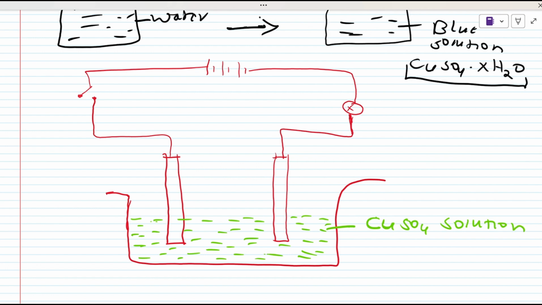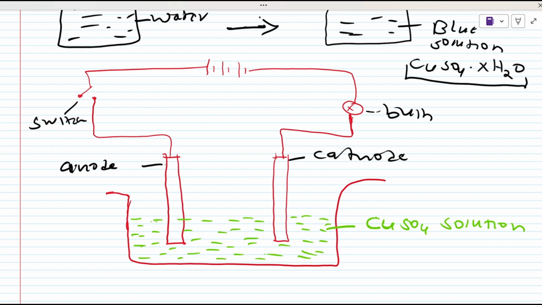Now, the next analysis that I'm still doing to my electrolytic tank and its system, I need to know that this is my cathode, this is my anode, then that's the electrolytic tank, this is my switch, this is my bulb, and the source of power is here.